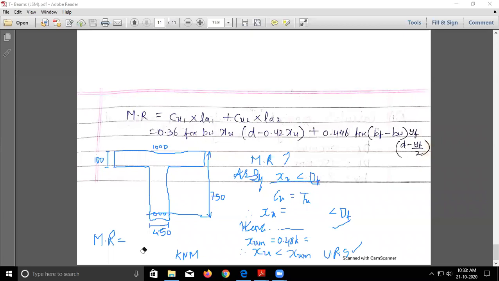Okay, Xu is 142. Does anyone just confirm this value? Xu and Xu max.